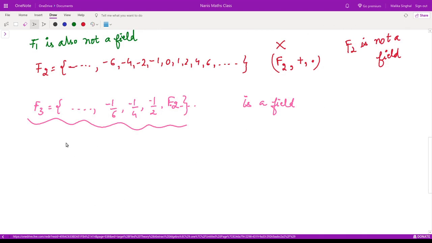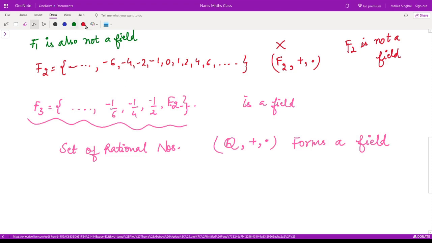This set is the set of rational numbers. So the set of rational numbers denoted by Q together with the operations of addition and multiplication forms a field, right? So now let us move on and look at another example.